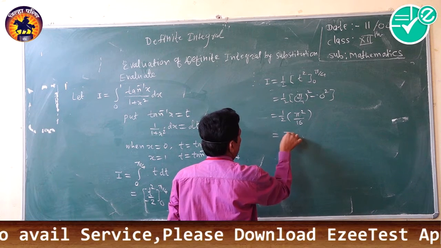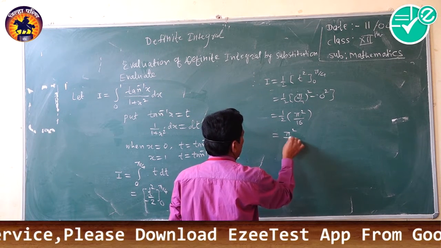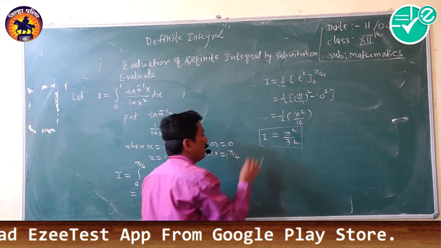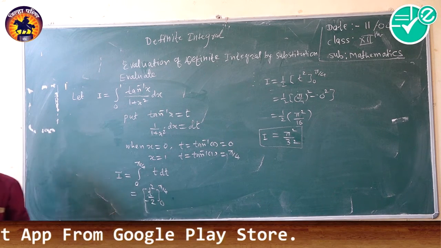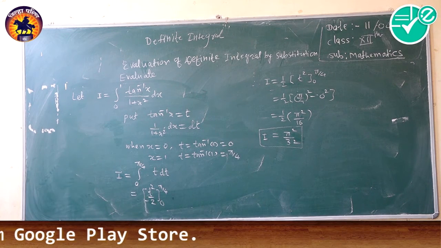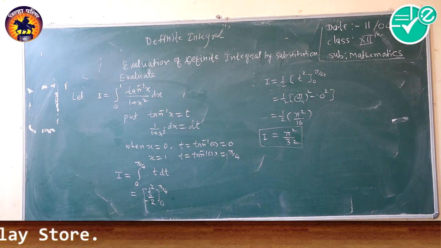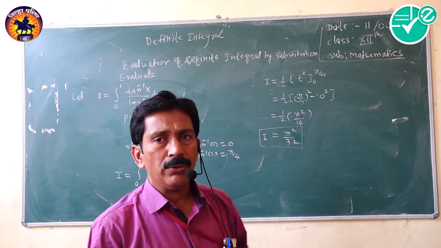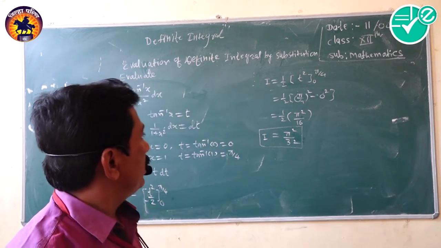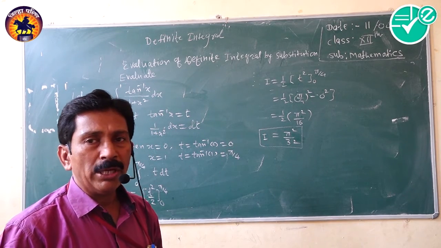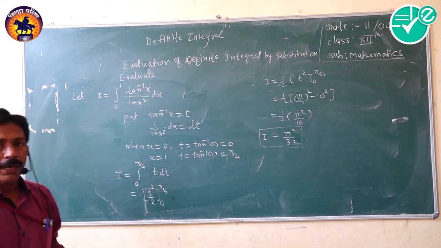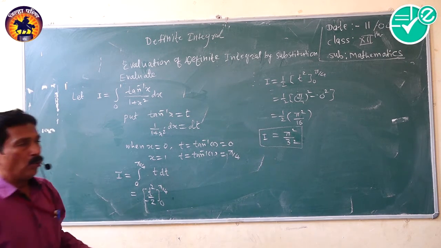Now pi square, that is 16 into 2 is 32, and hence I is equal to pi square by 32. In this way, in this section, we can use different substitutions and obtain the integration of the given function. Again, take one more example.